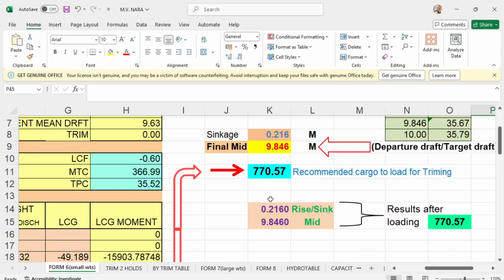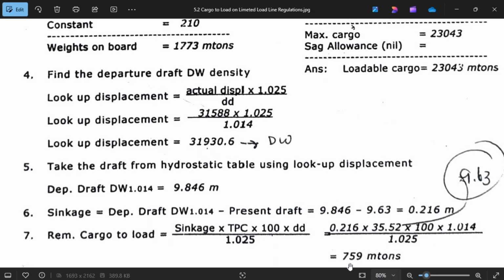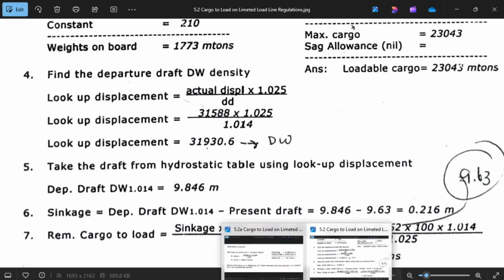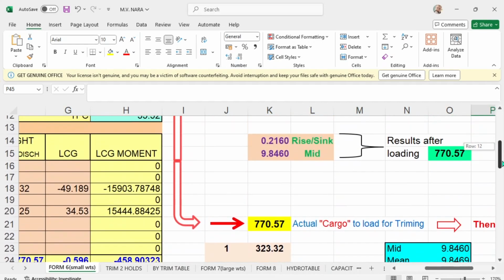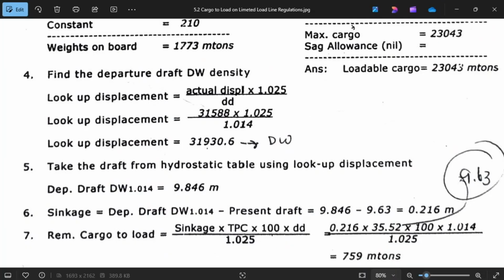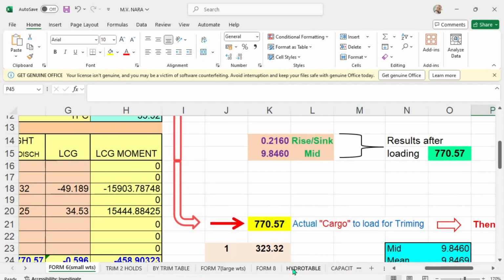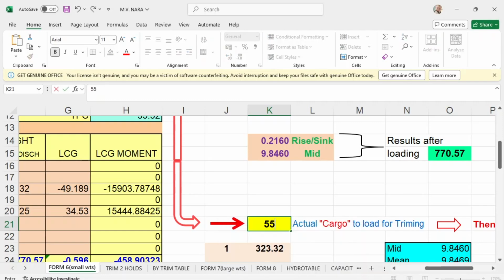So for example, if we try to put his figures, what are his figures? This is 759. Okay, we put here 759.